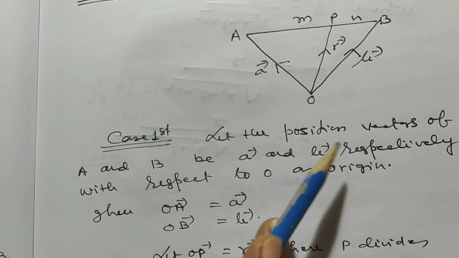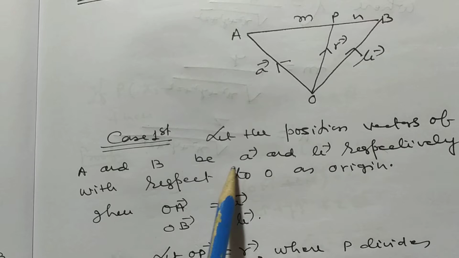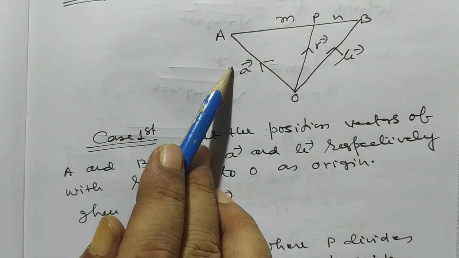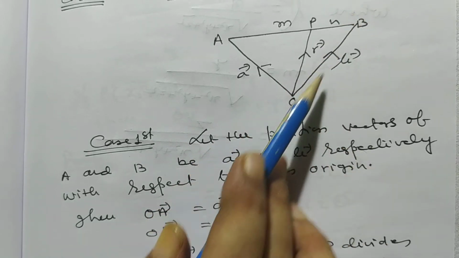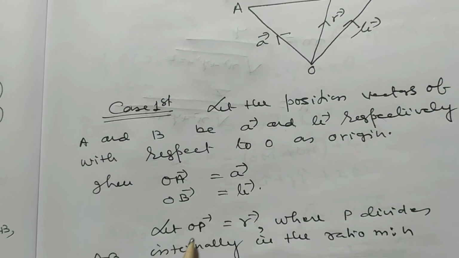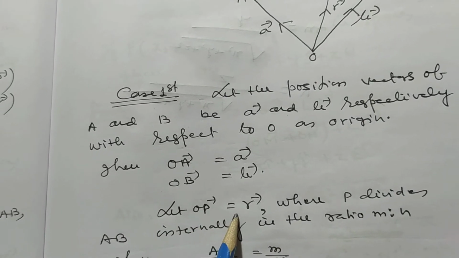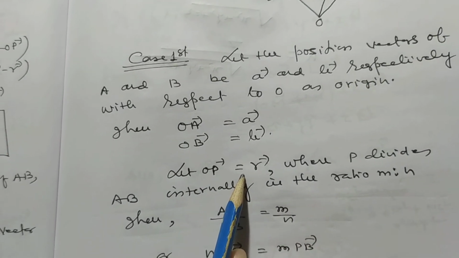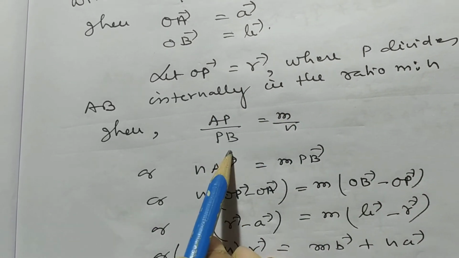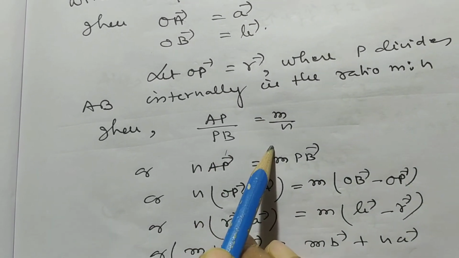Then, case first, let the position vectors of A and B be vector A and vector B. OA represents vector A, OB represents vector B, and OP represents vector R, where P divides AB in the ratio m is to n. So, AP is to PB is equal to m is to n.